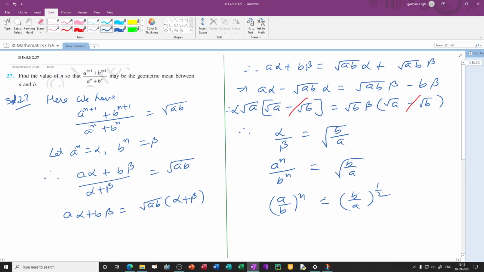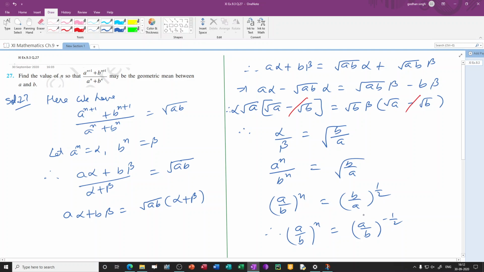Now we cannot compare both of them because here the base is a by b, and here the base is b by a. So what we can do to compare is just take the reverse of this. So this can be written as, therefore, a by b whole raised to n equal to a by b raised to minus half, because we know that a raised to minus 1 is 1 by a. So just taking the reciprocal will make the exponent negative.